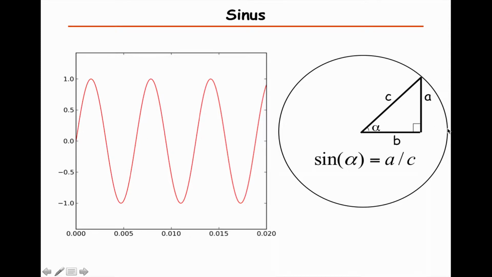It's defined as follows: if we have a circle with radius C, and we define A, B, and C, the sine of the angle alpha is A divided by C. So when we move this line around the circle, we get an oscillation, and we can define the amplitude and the wavelength.